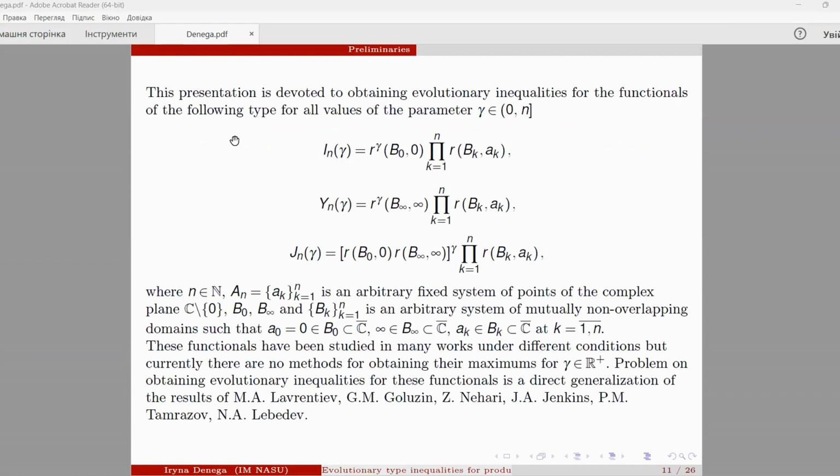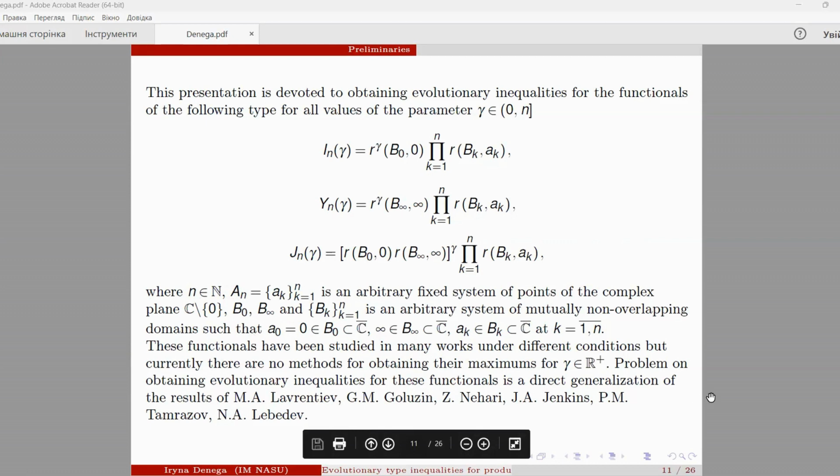This presentation is devoted to obtaining evolutionary inequalities for the functionals In of gamma, Hn of gamma, and Jn of gamma for all values of the parameter gamma from interval (0, n), where n is a natural number, a_n is an arbitrary fixed system of points of the complex plane, and the domains are an arbitrary system of mutually non-overlapping domains.